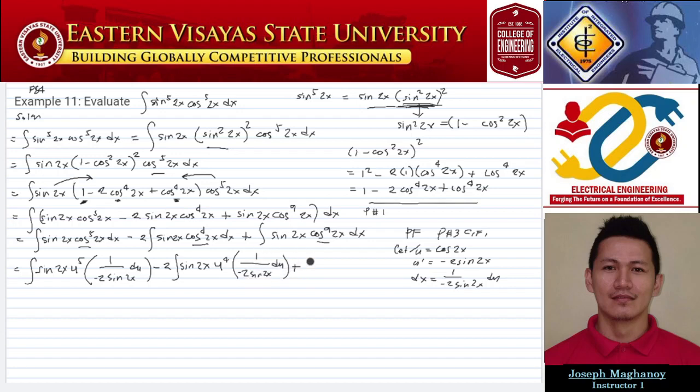Then our last term, plus sine 2x, u to the power of 9, plus your correction factor, 1 over negative 2 sine 2x du. Okay.